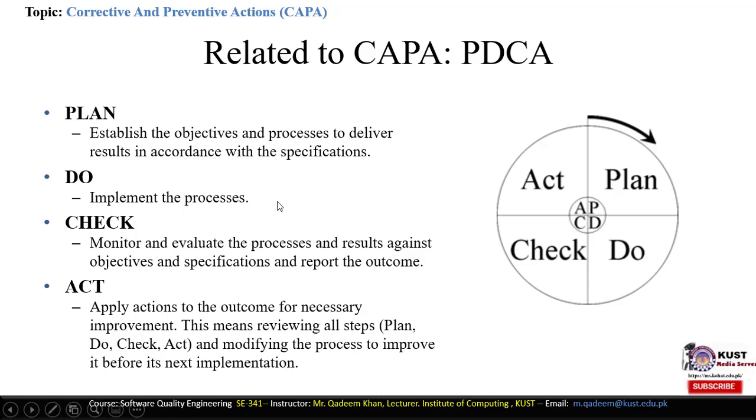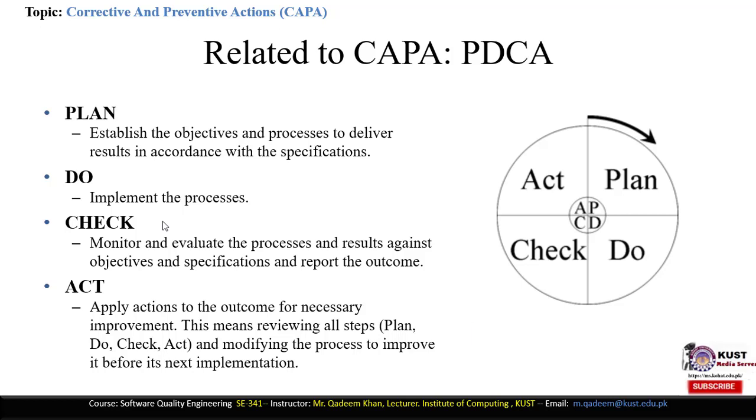The next one is the check. In the check, we will monitor and evaluate all the processes and results against the objectives and specifications, and report the outcomes. So in the check, we have to check the implemented processes and their effectiveness.